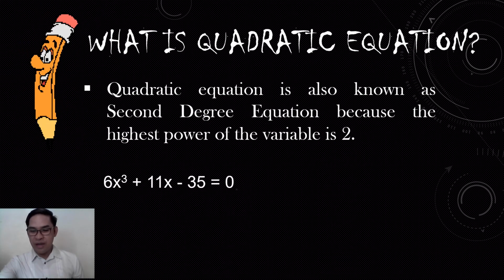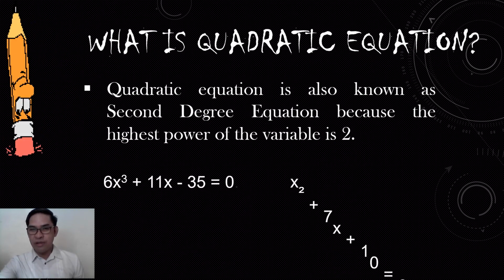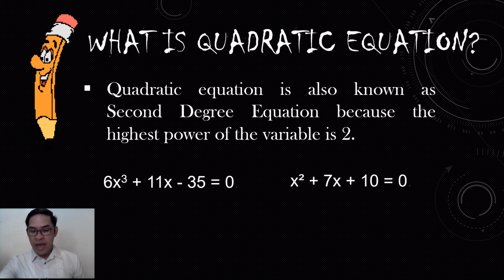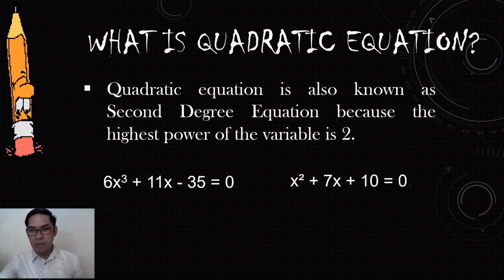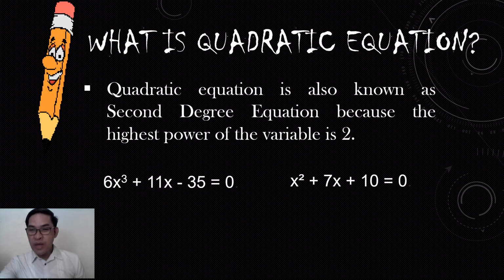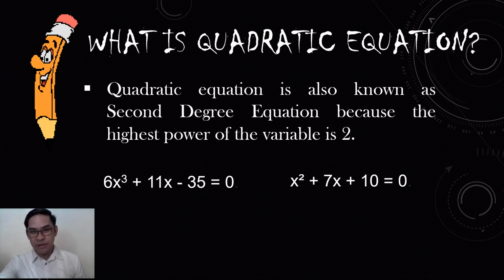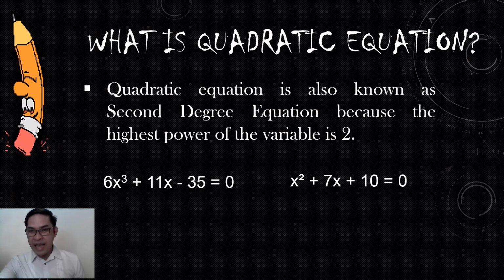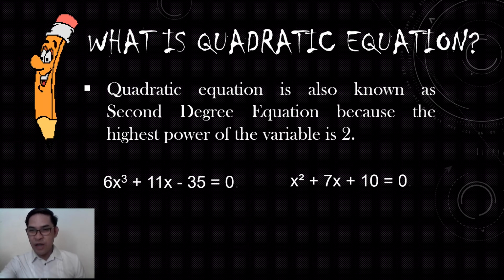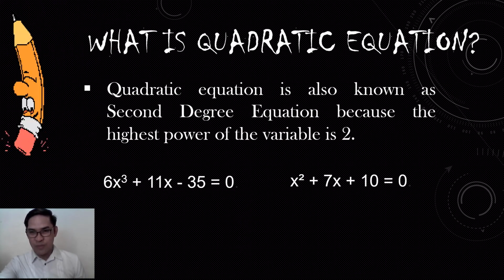So I have here two equations in front of you, and I want you to choose from these two equations which one is an example of a quadratic equation. I'll be giving you 3 seconds to think, and the timer starts now.